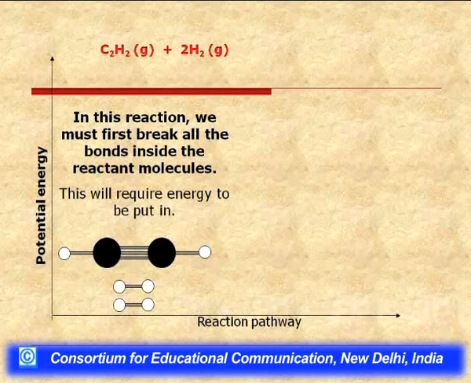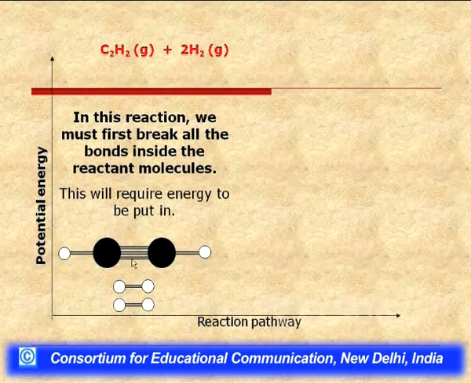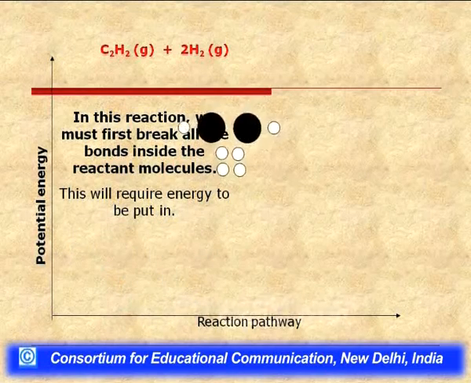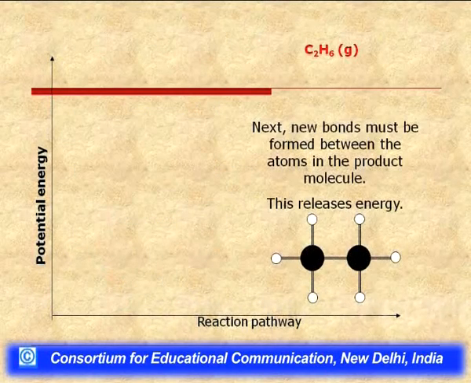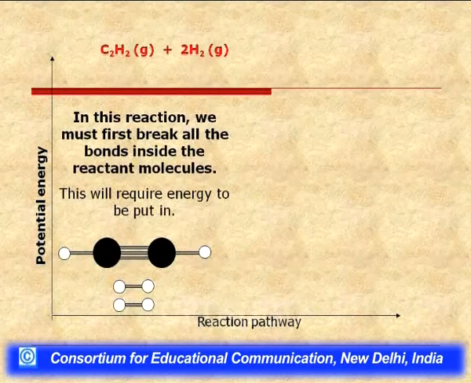In this reaction, we first need to break all the bonds inside the reactant molecules. So, in C2H2 acetylene there is one carbon-carbon triple bond and two carbon-hydrogen single bonds, right. And in addition, we also need to consider the bonds in two hydrogen molecules.